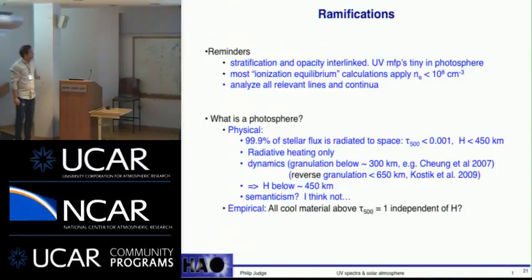You must analyze all relevant lines and continua, and then what is a photosphere? Well, we can talk about this. I prefer the physical versus the empirical definitions, because you can end up in real trouble if you're going to talk about, well, the photosphere is any cool plasma above the surface of the sun. Anyway, that's what I wanted to say, and thank you for listening.